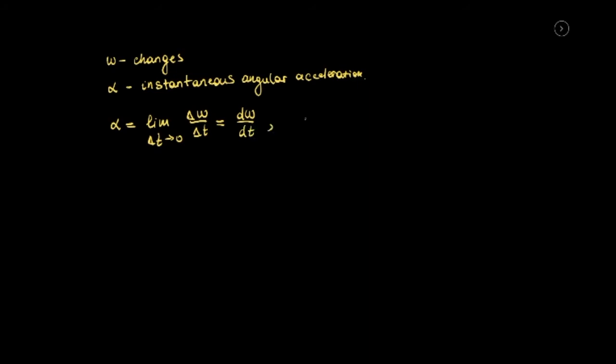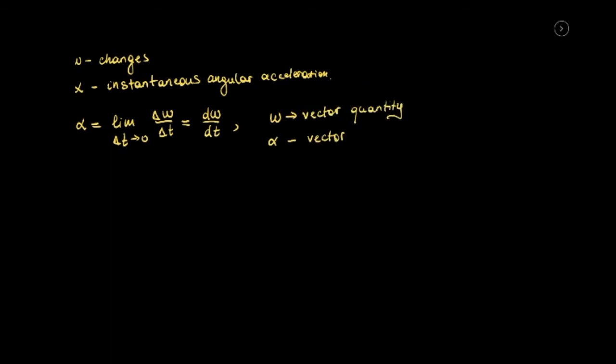Since omega is a vector quantity, and tangential velocity v and omega are related as v = omega multiplied by r, and since the angular acceleration is also a vector quantity, we can also write this equation in vector form.